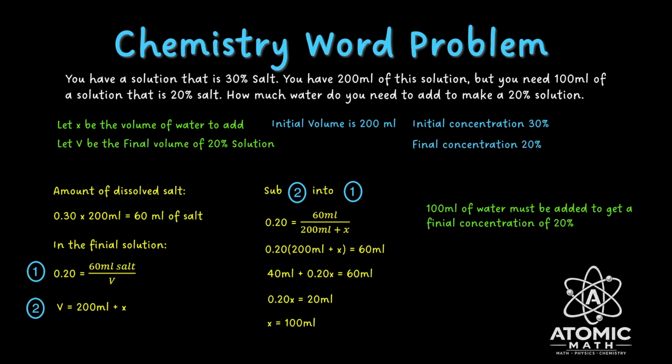Now I want to point out one other thing, because this happens to students a lot. You may or may not have noticed that there was some information in that question that I didn't use, and it's this right here. It said that I needed 100 mils of the 20% solution. That has nothing to do with this calculation. It's merely part of the story. And sometimes when students are reading one of these questions, they think they have to use every piece of information in the question.